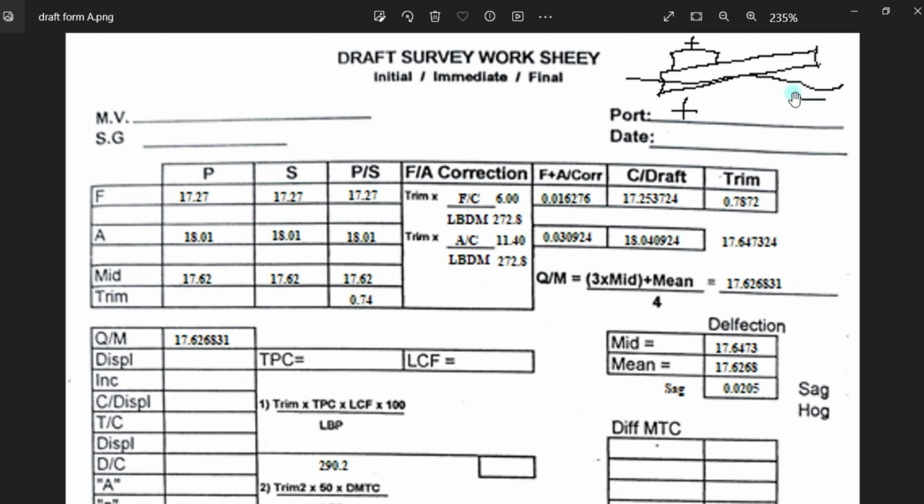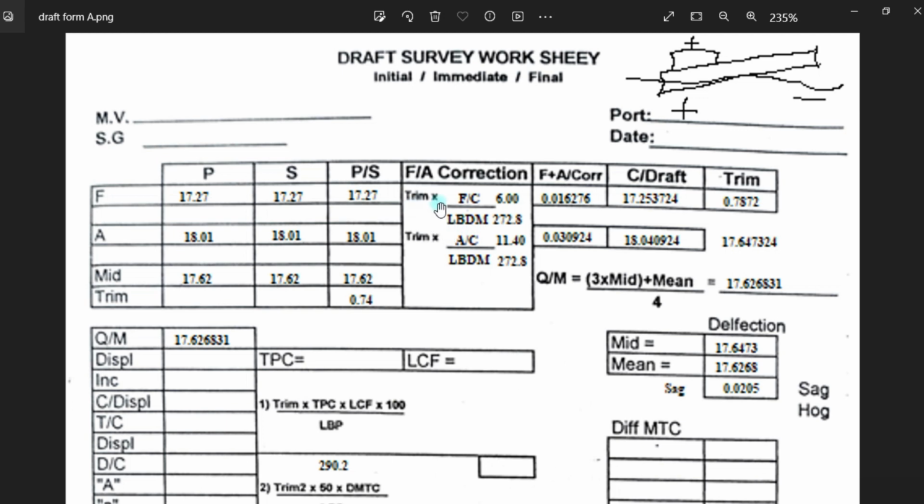That will be done in the computation. So let's first use this formula to get the forward correction. How to get this forward correction? What is your trim? Which is 0.74, times the forward correction, which is 6 meters, over 272.8, which is the length between draft marks.